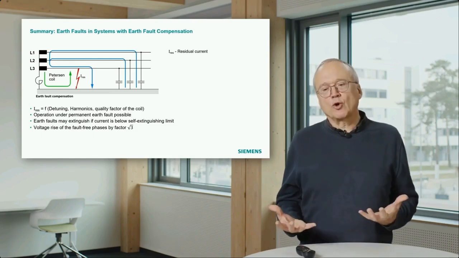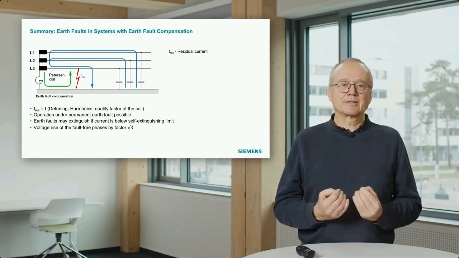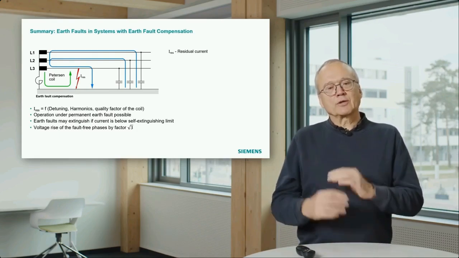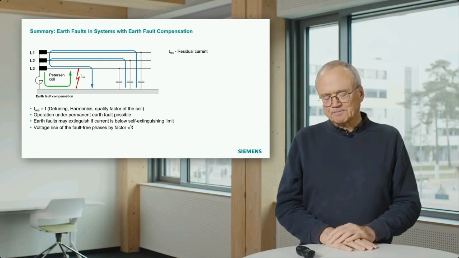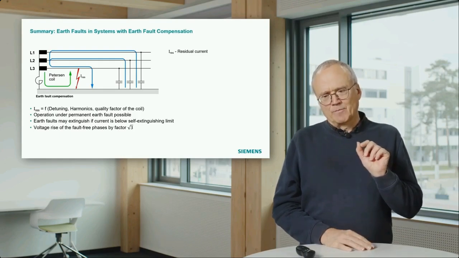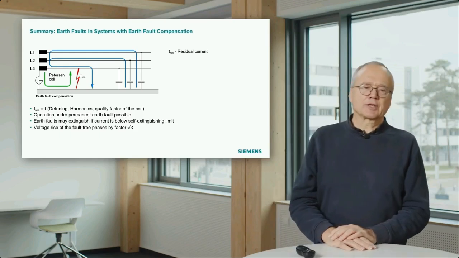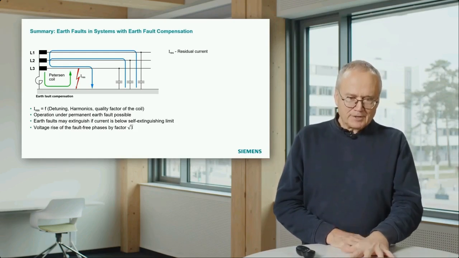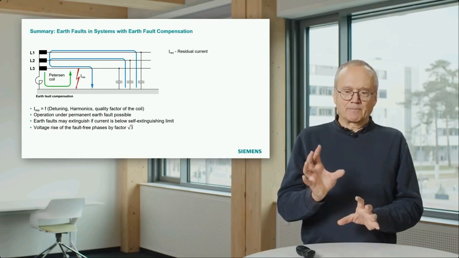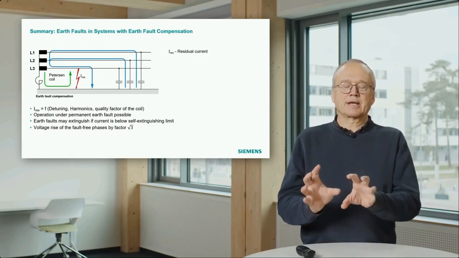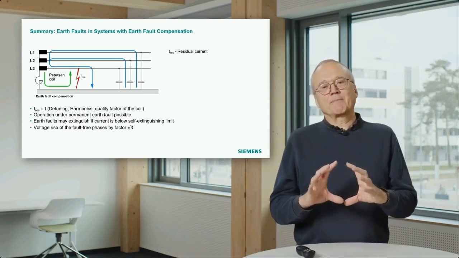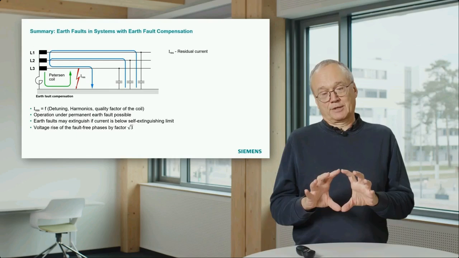Then, of course, the coil is not an ideal inductance. It has some resistive components. That also increases the current a bit. And then there is another aspect we have to discuss, that is the aspect of harmonics. This compensation, that means the coil and the capacitor compensating each other, works for the fundamental.